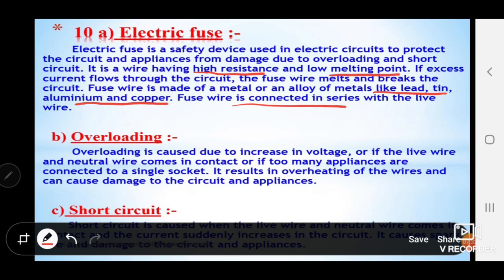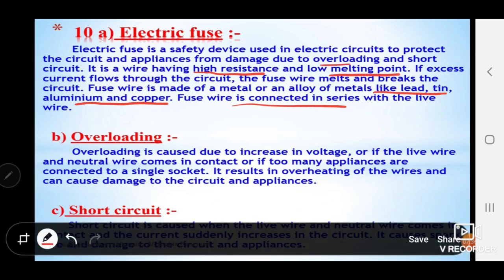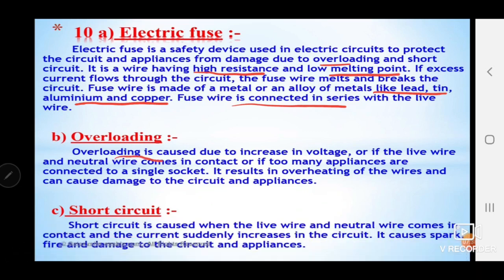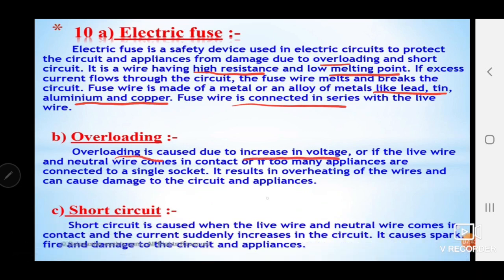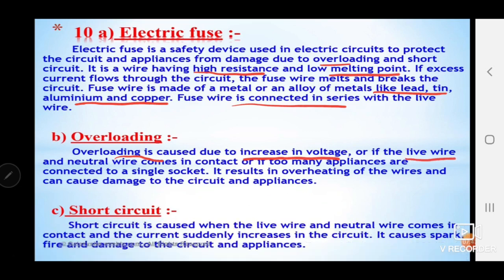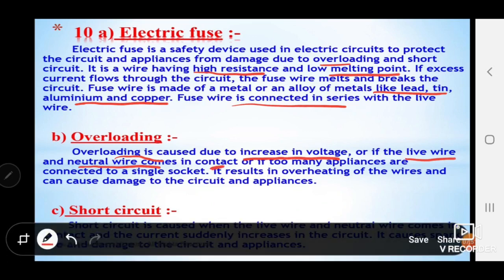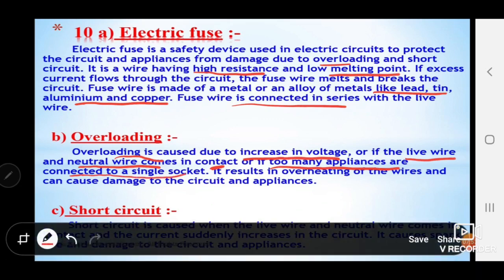So, as I told you, overloading. What is this overloading and how does it occur? Overloading is caused because of increasing voltage, or whenever the live wire and neutral wire come in contact, or too many appliances are connected to a single socket. So, this is the reason why overloading of an electrical circuit happens.